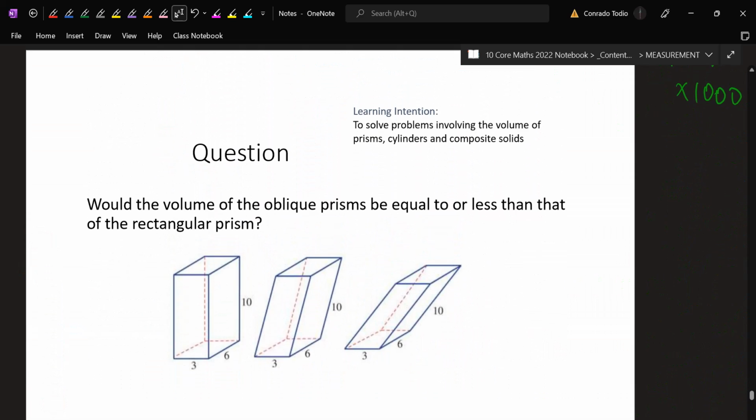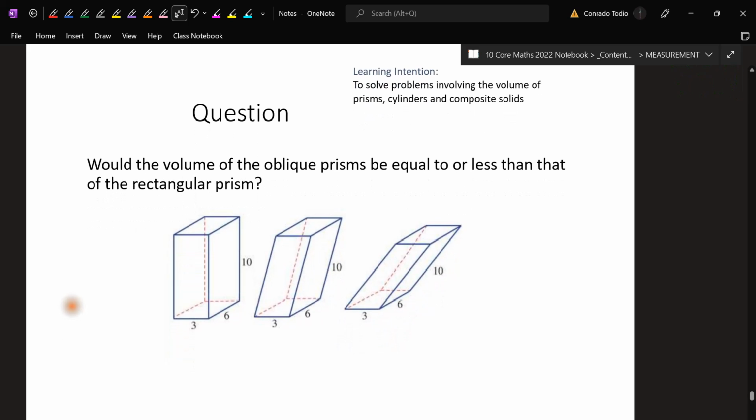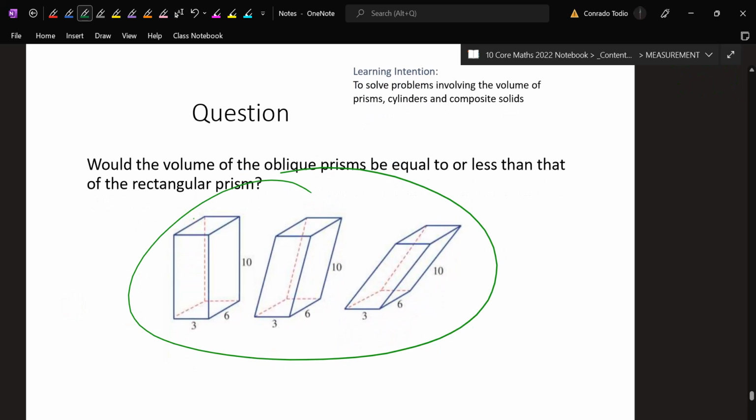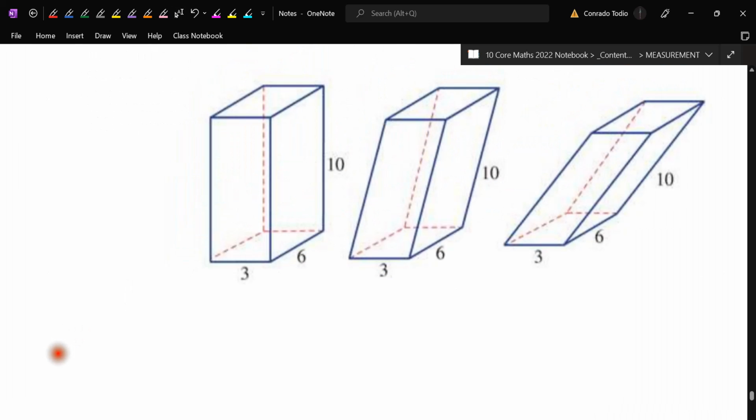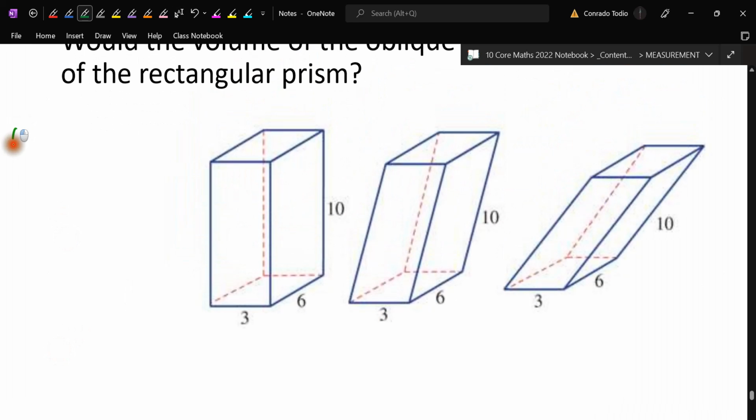So, finding the volume of most shapes is actually quite straightforward. If you look at these shapes, you might think that there are different ways of finding the volumes of each one, but it's actually quite easy. For all of these shapes, to find a volume, it's going to be length times width times height.